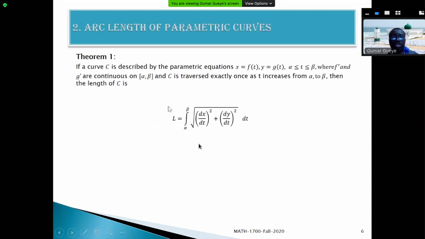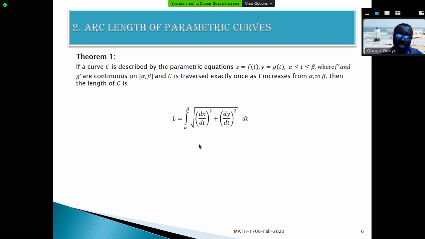So next, we suppose now we have a parametric curve defined by these two equations, x equal to f of t and y equal to g of t, when t is between alpha and beta. In this case, you have to integrate with respect to t, because x and y both are in terms of t.